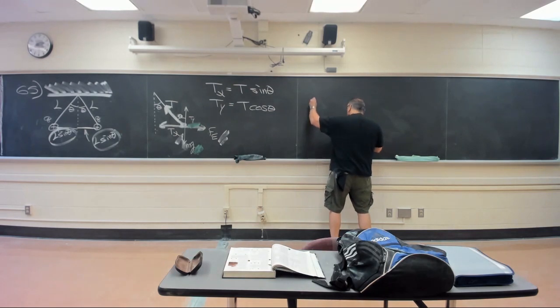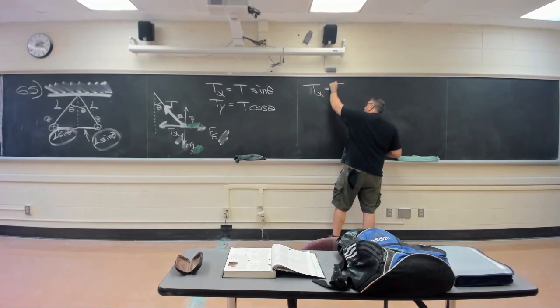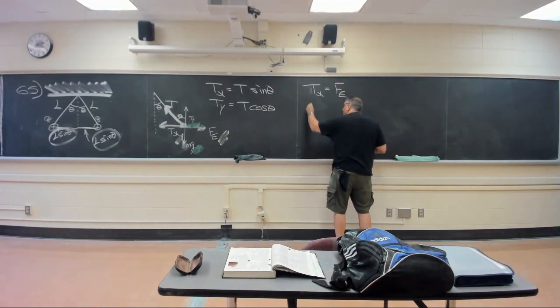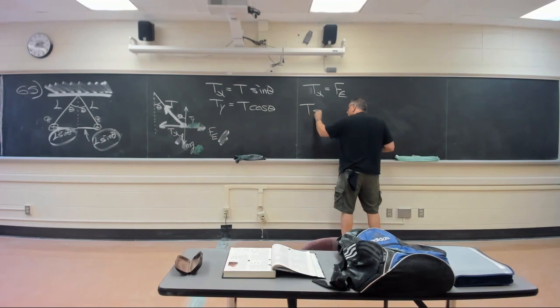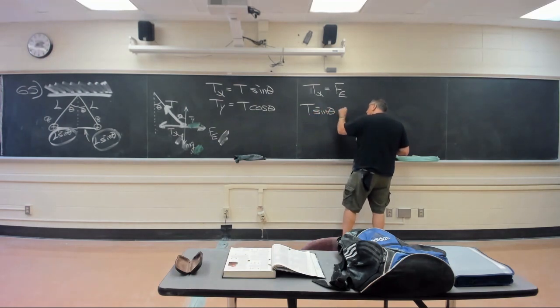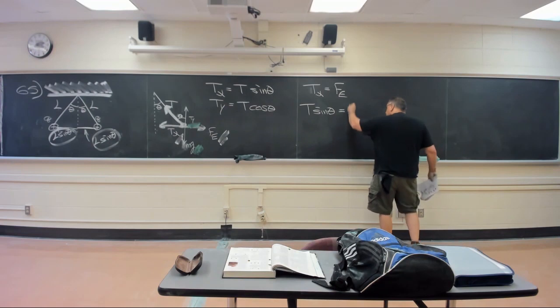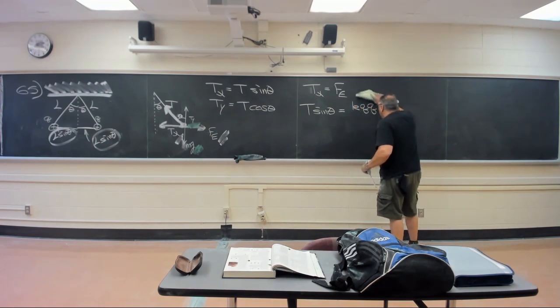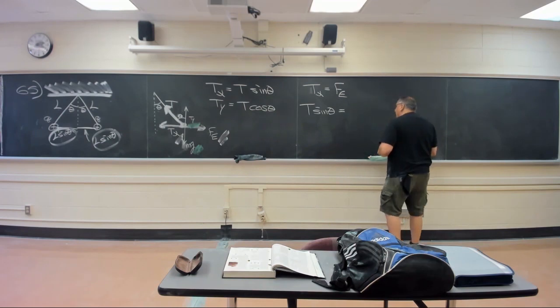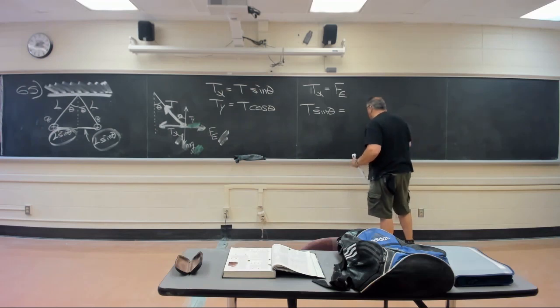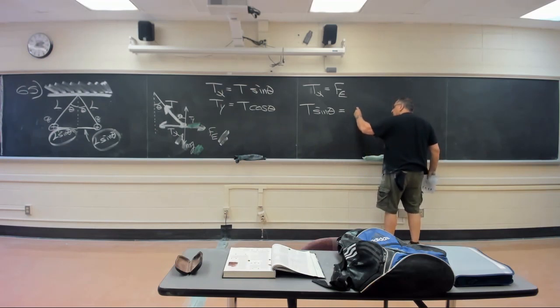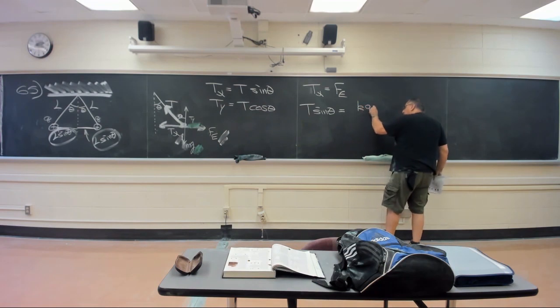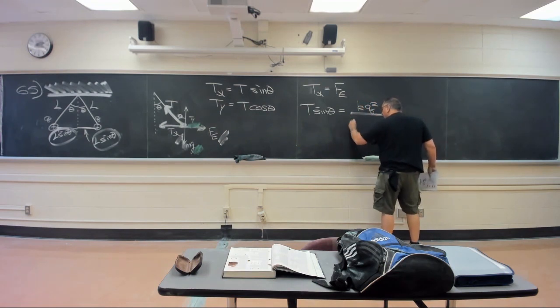Tx is T sine theta, Fe is KQQ, KQQ is KQ squared.